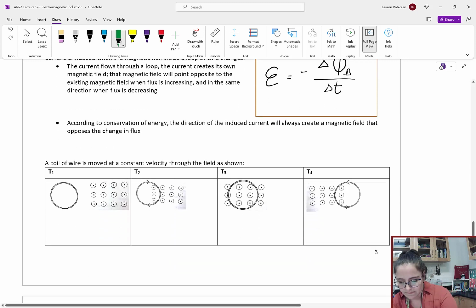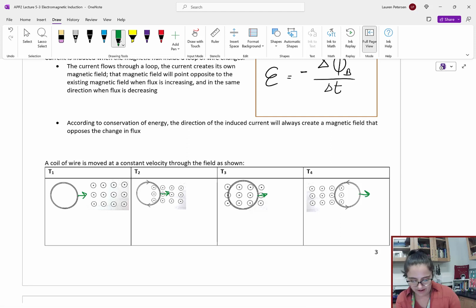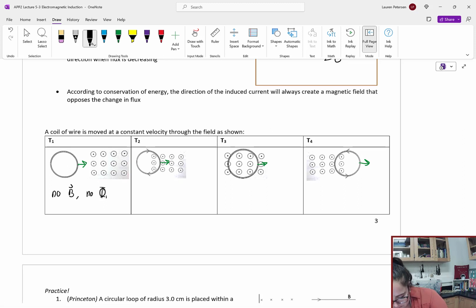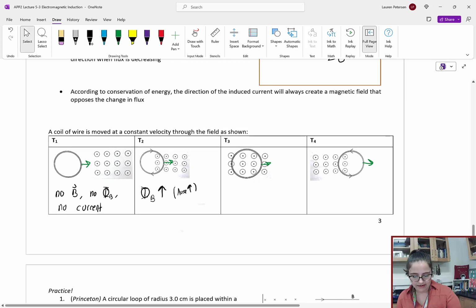So let's imagine that this wire is being pulled to the right through this area of a magnetic field. Okay. First, as it's just moving, there's no magnetic field, so no flux and no current. But as it starts to enter that field, as that loop of wire enters the field, all of a sudden we have our flux increasing due to that area increasing inside that magnetic field.